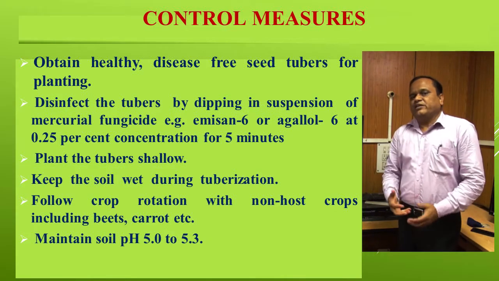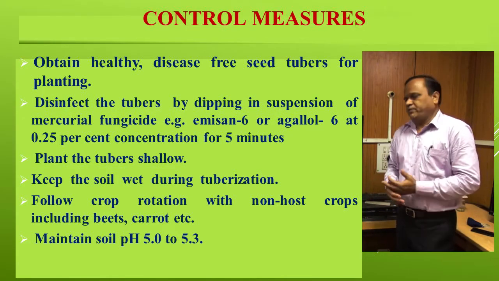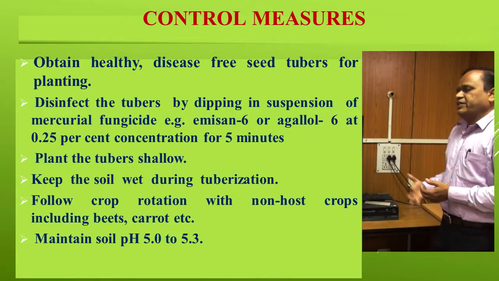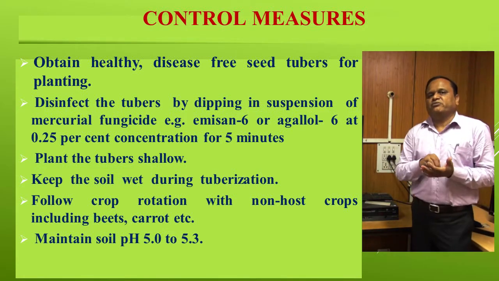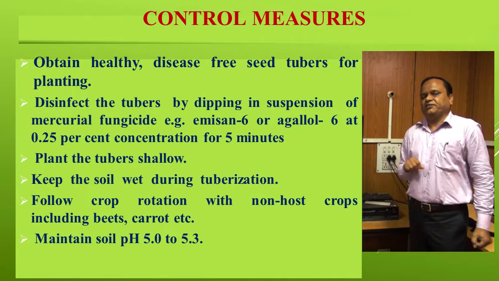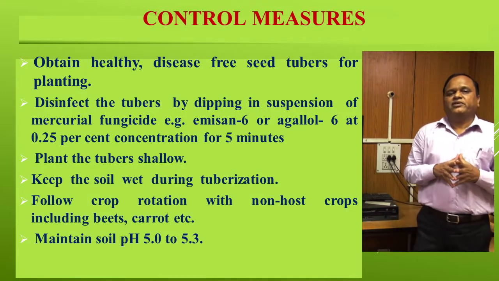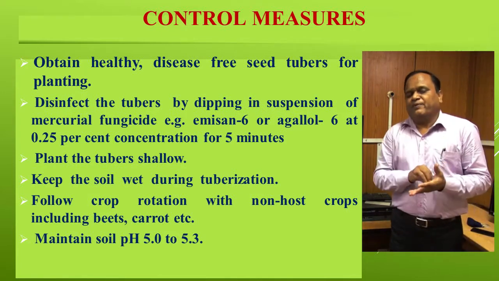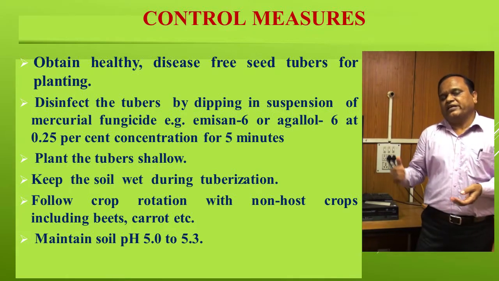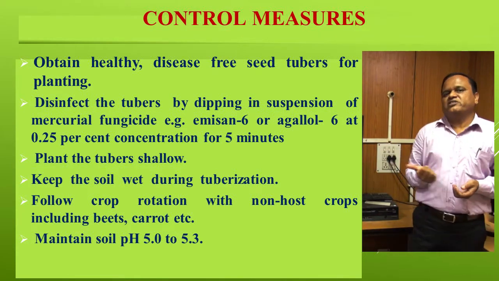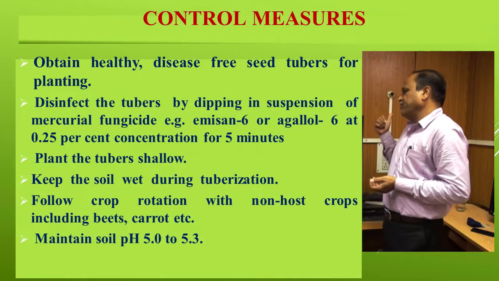Then plant the tubers shallow, not deep. Always keep the soil wet during tuberization. If there is no proper moisture during tuberization, then scab of potato will be more.